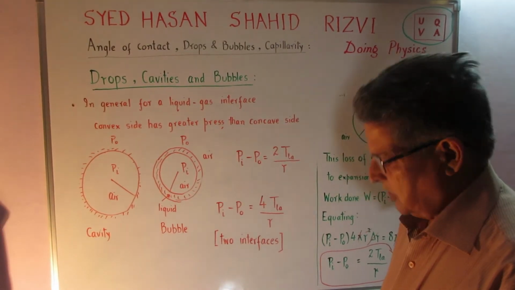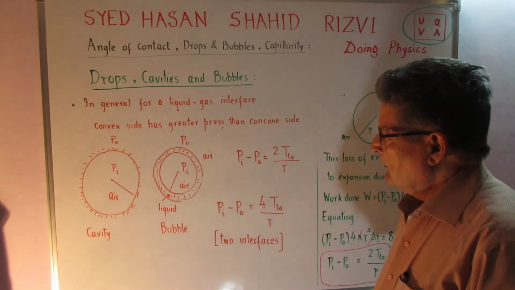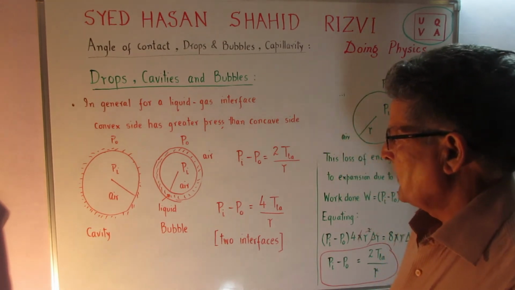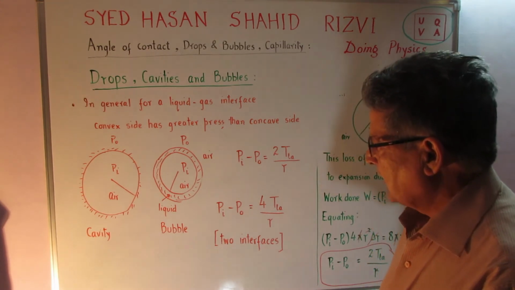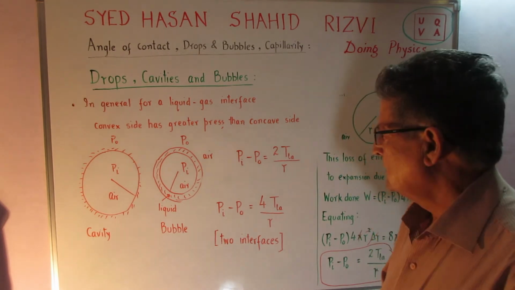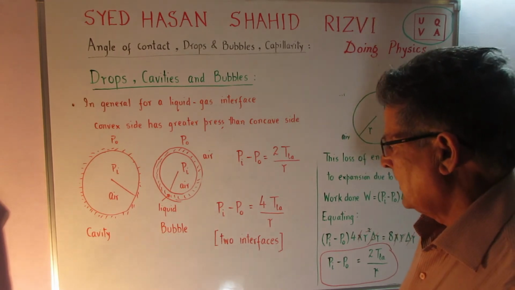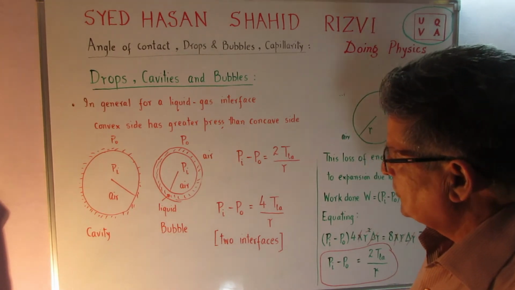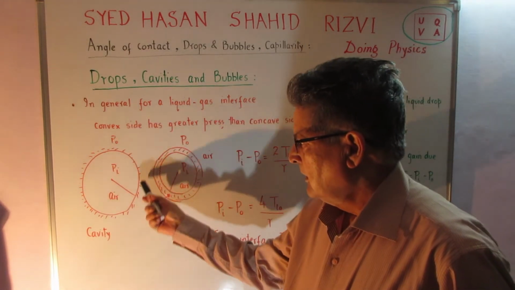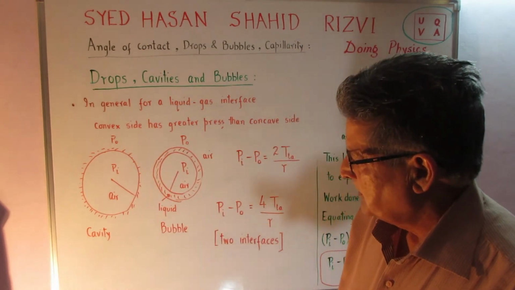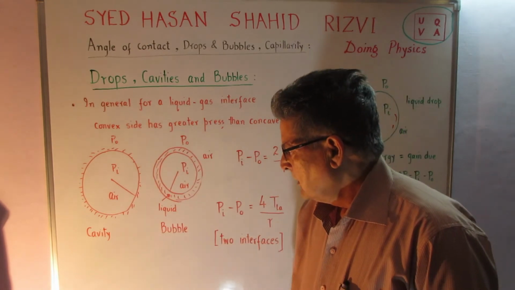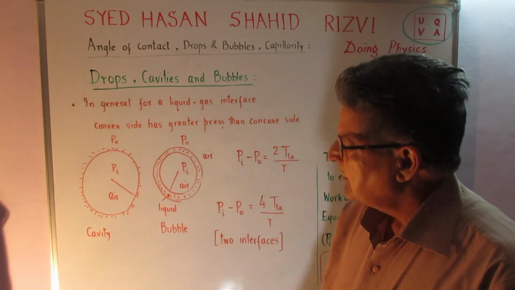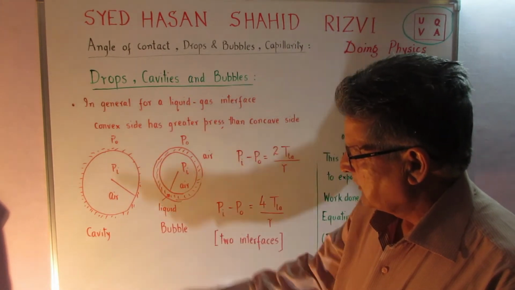So, in general, for a liquid gas interface, the convex side has greater pressure than the concave side. Now, I have shown a cavity inside a liquid, where this is air and the outside is liquid.